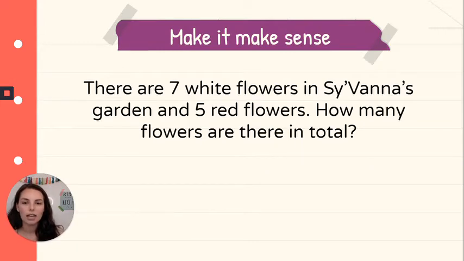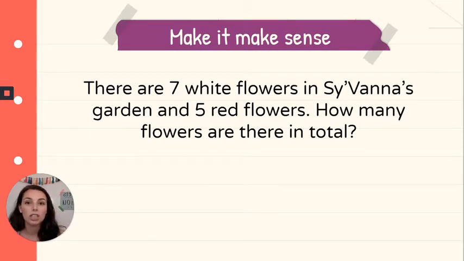Let's do it together. So the word problem was, there are 7 white flowers in Savannah's garden and 5 red flowers. I'm reading, and I need to be thinking, what does that mean? That means Savannah has a garden. Gardens have flowers. She has 7 white and 5 red. Okay, now I know the setting, I know my character, I know the numbers.